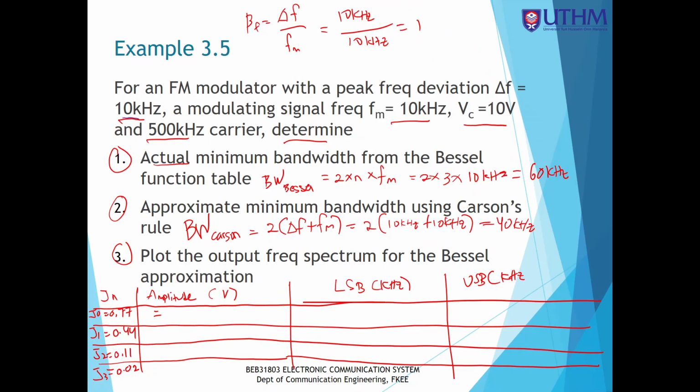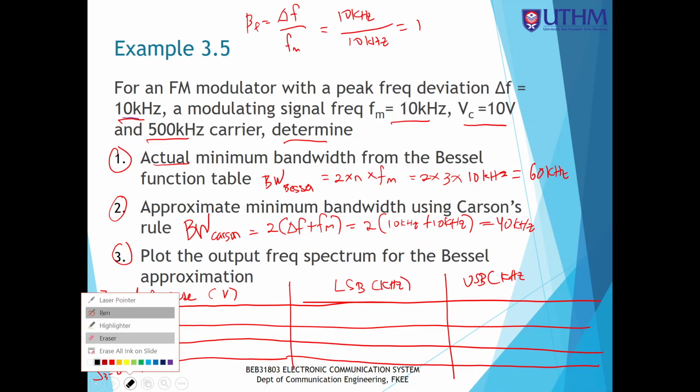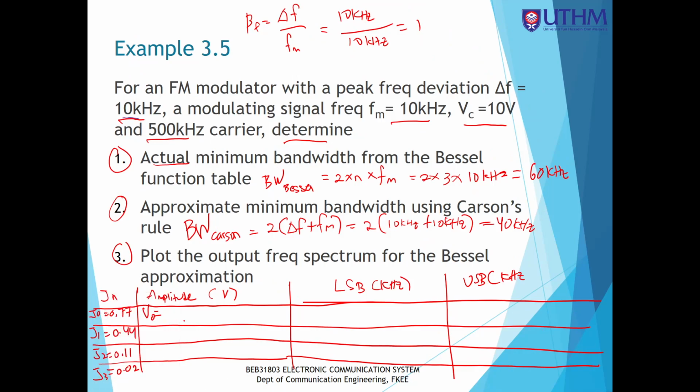V0 is equal to 0.77 multiplied by 10 volt, so you get 7.7 volt. There is no upper or lower sideband because this is the center frequency.